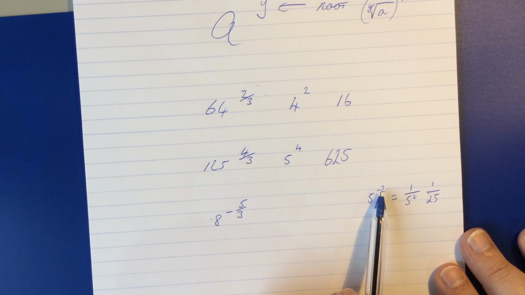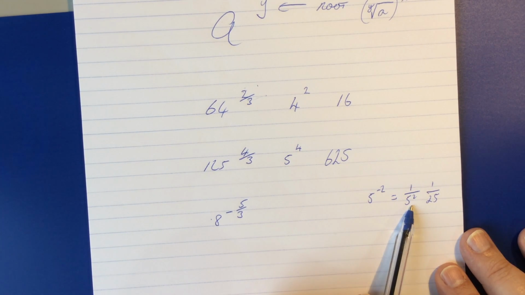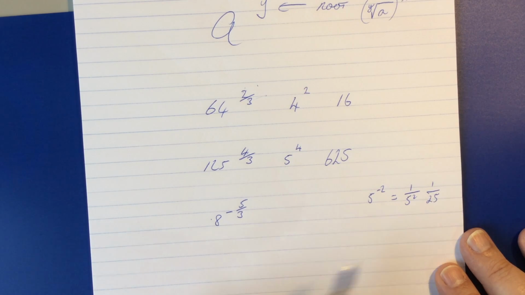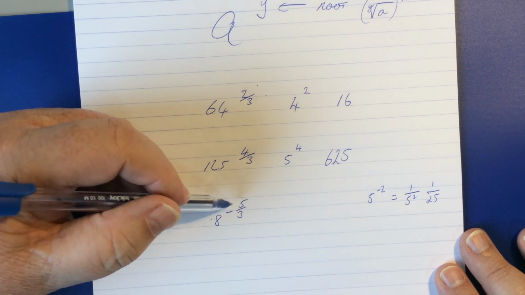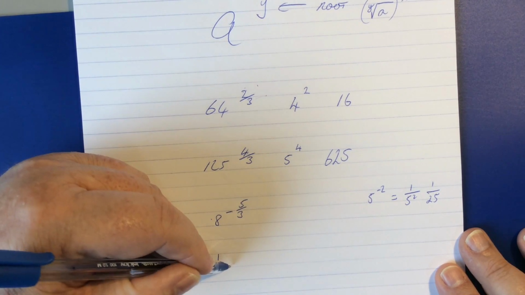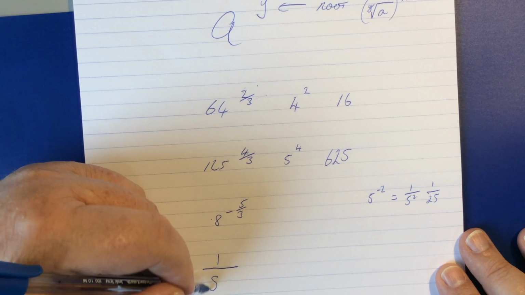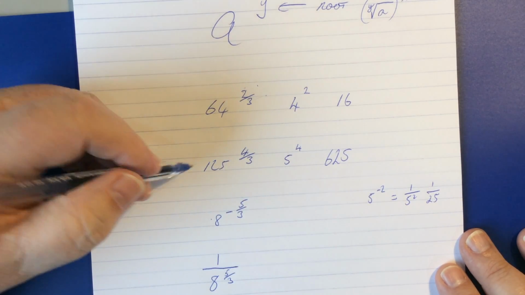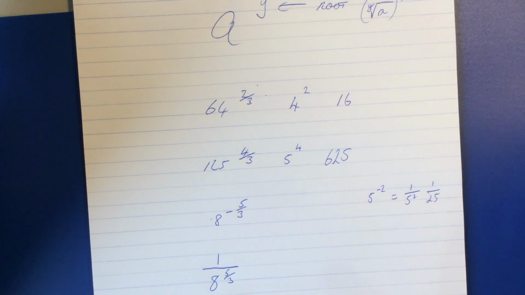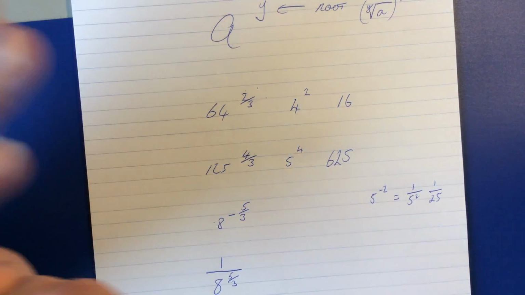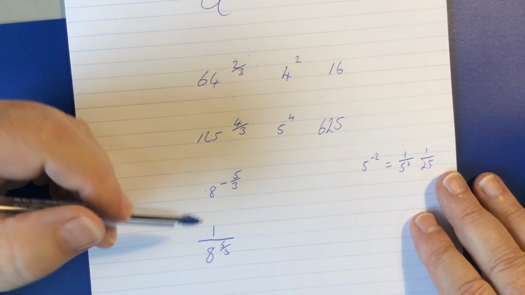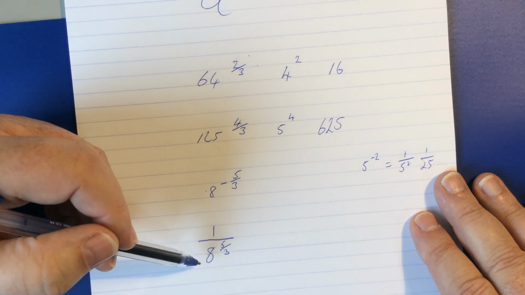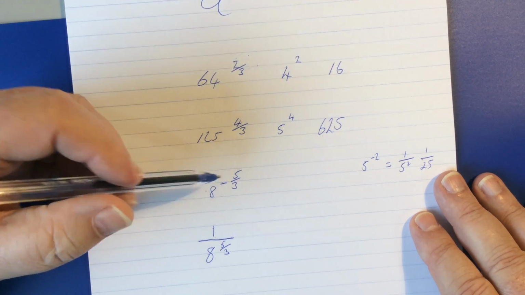The same rule applies here. This is 1 over 8 to the power of 5 over 3. And so we can go to work on this in this condition. We've got rid of the negative sign.